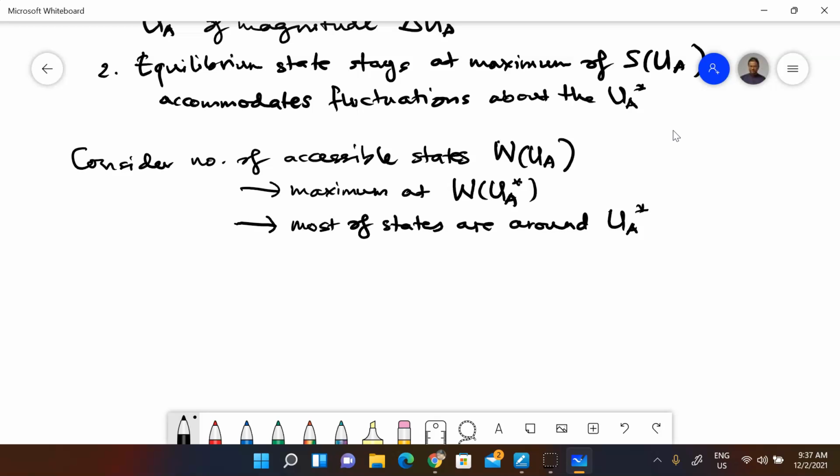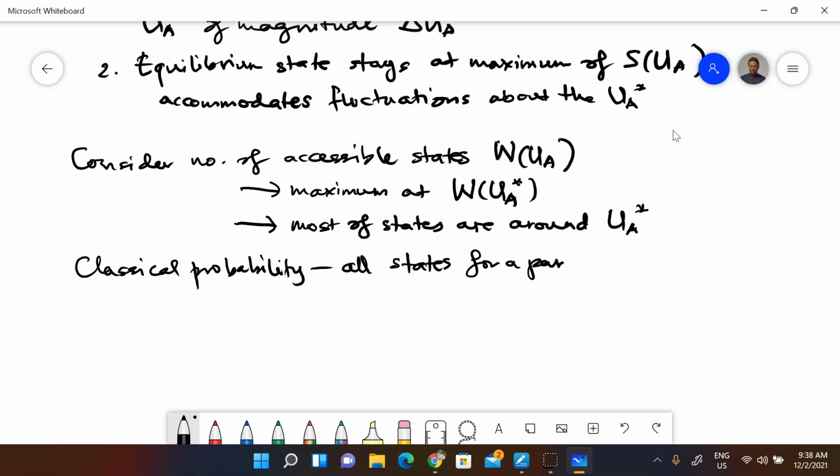First of all, you have the classical probability, which says that all states for a particular energy are equally probable.